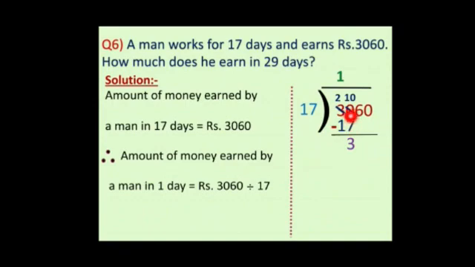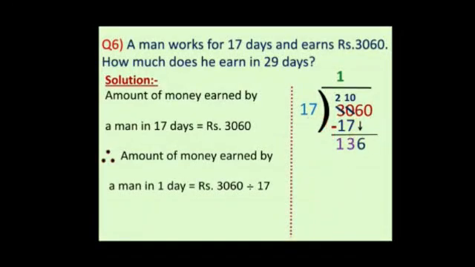Then we have to return the borrow. After returning the borrow, we have 2. So 2 minus 1 will be 1. Right? What will we do here now? Because we know that 13 is less than 17, so we will bring down 6 here.